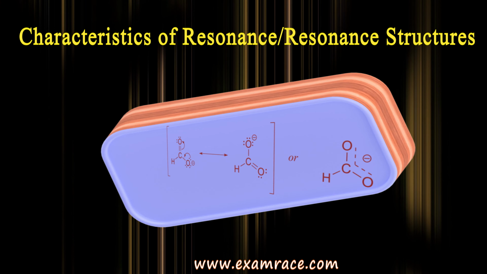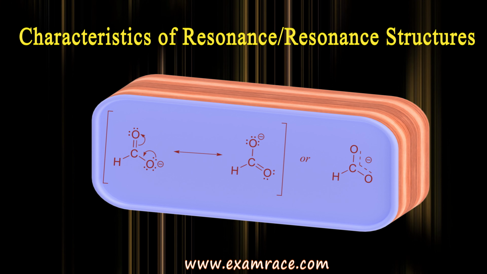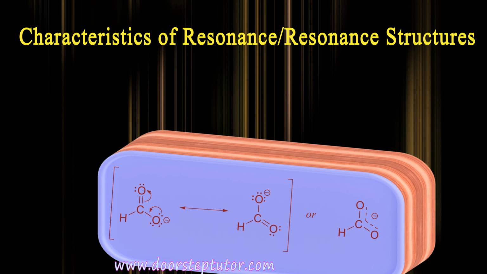So, here I have shown you a figure showing the resonating structures of formic acid. You can see the resonating structures are not that stable because they are polar structures, but the hybrid structure, which is non-polar, is more stable, okay?